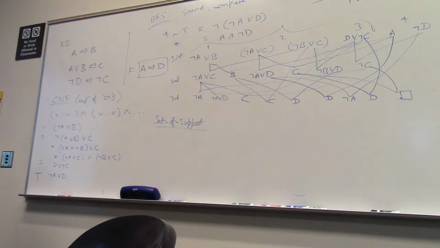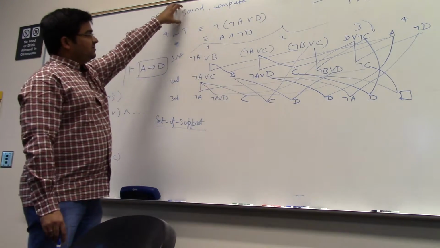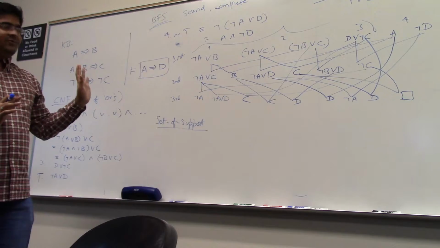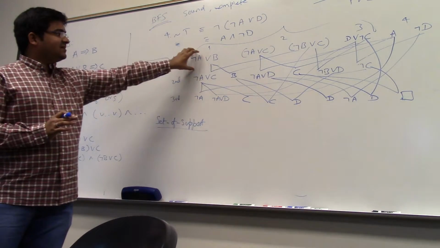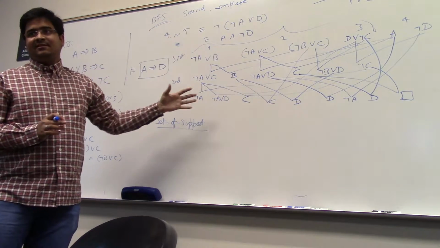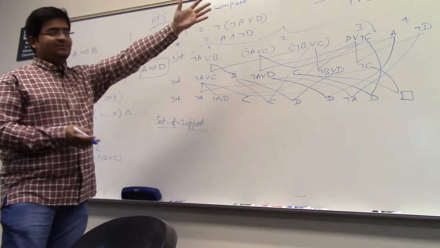Can you repeat this? I'm still confused about soundness and completeness. Soundness? Okay. Soundness is about, is there anything faulty with this procedure? No, right? Everything seems logical. If this is the case and that is the case, this seems logical, right? Our rule says that and we know that rule is correct.